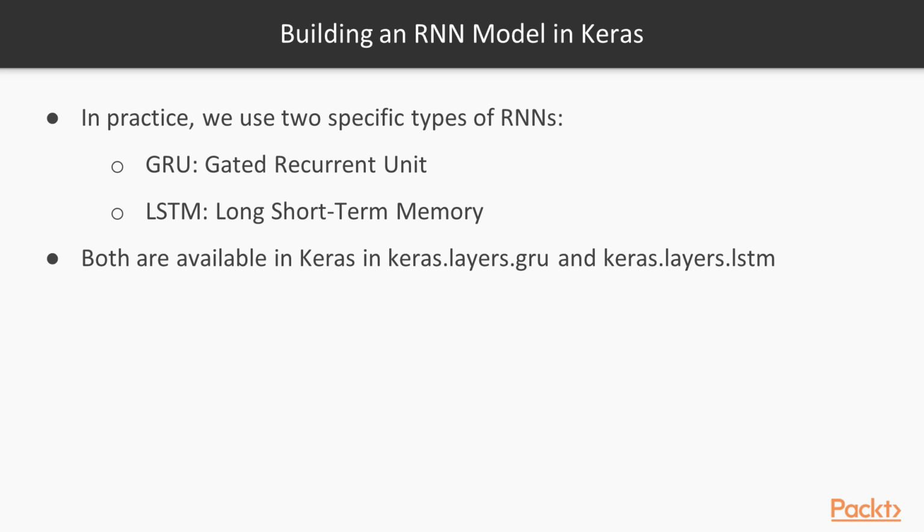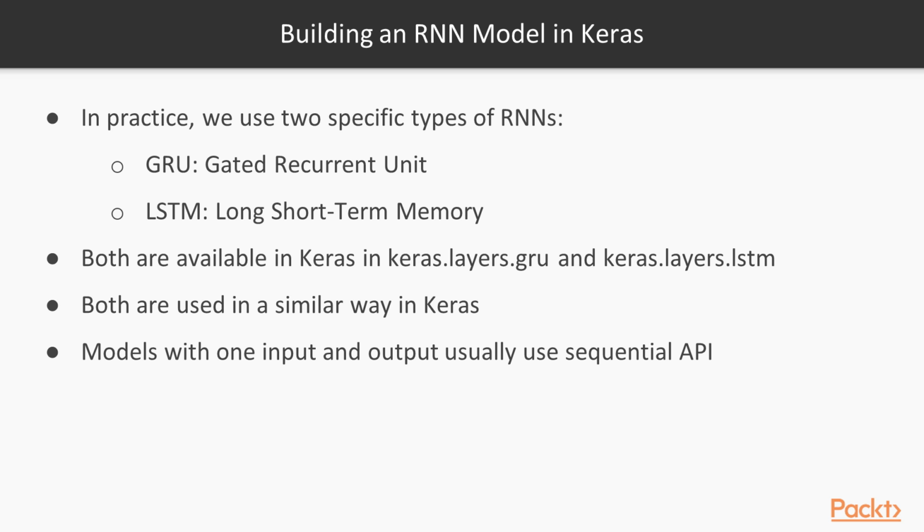And both are available as layers in Keras, so you can pick and choose between those two. And also they are used in a similar way. That simply means that when you are using those layers, those types of architectures, with just one input and one output, which is the most common model, you can just use the sequential API, where you're creating a sequential container and adding those layers.